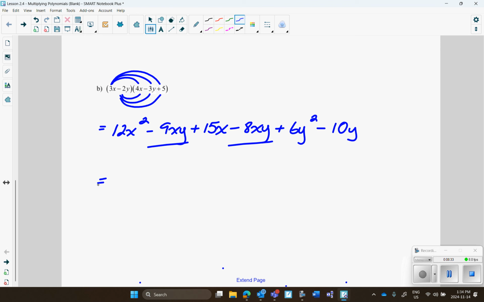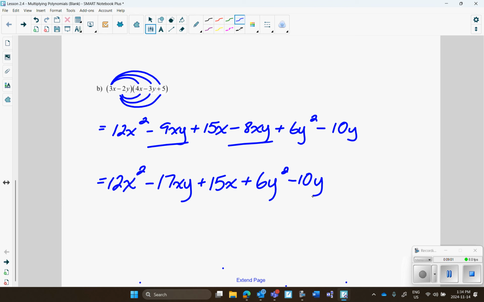So there's no other x squared, 12x squared. These combine to minus 17xy. And then notice I'm working my way from right to left. Okay. We should get that. Hopefully that's what you got.